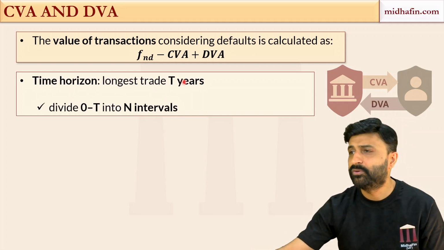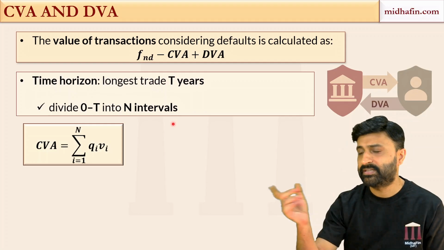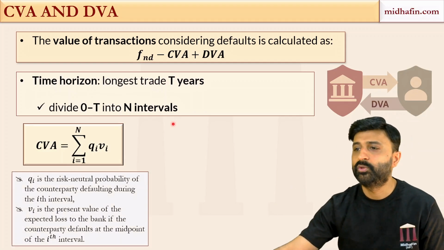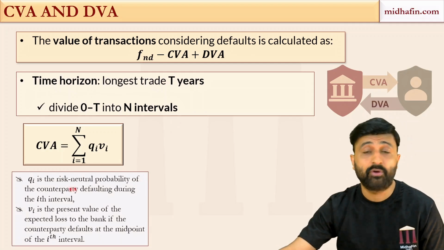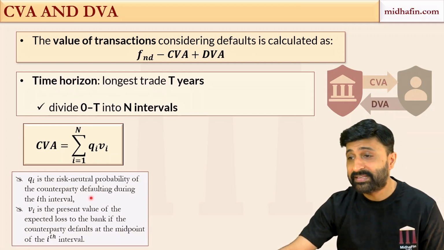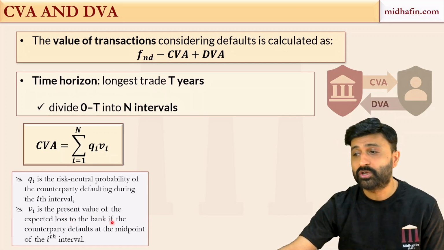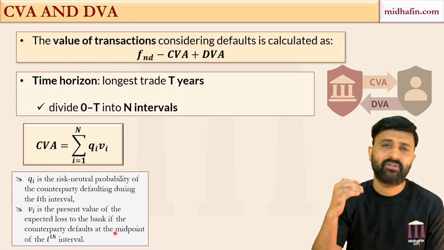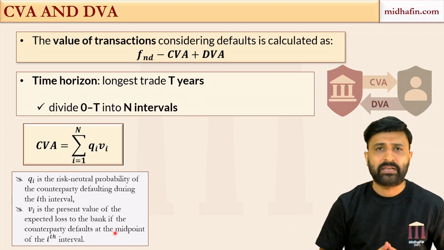We use the formula CVA equals the summation of q_i v_i, where q_i is the risk neutral probability of the counterparty defaulting during the ith interval, and v_i is the present value of the expected loss to the bank if the counterparty defaults at the midpoint of the ith interval. We have assumed the midpoint because our calculations become easier.